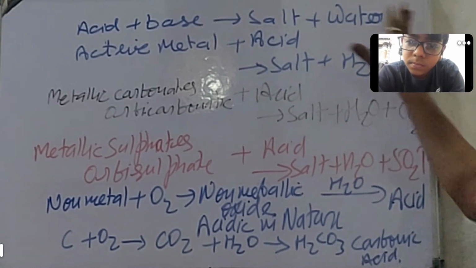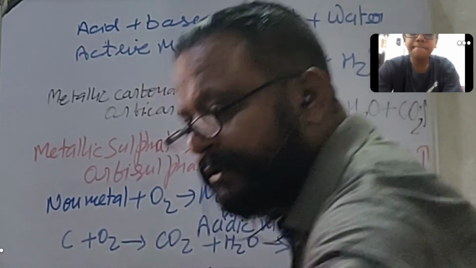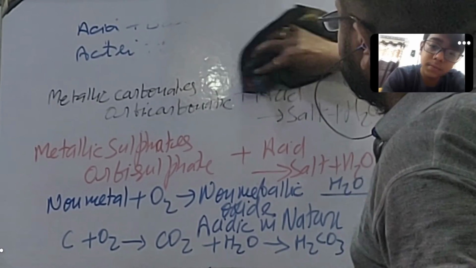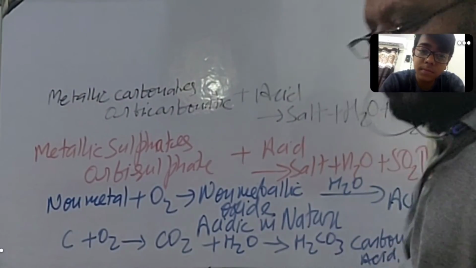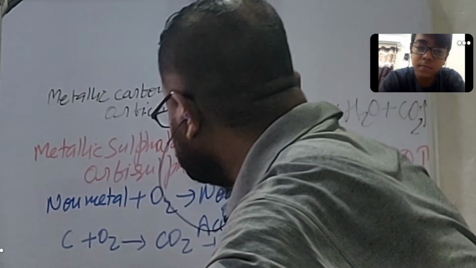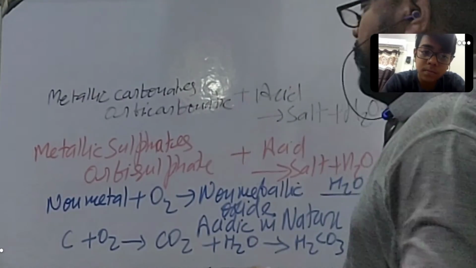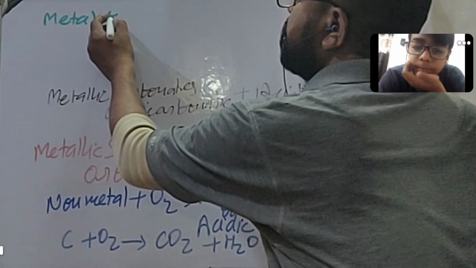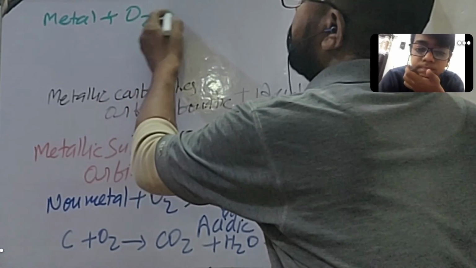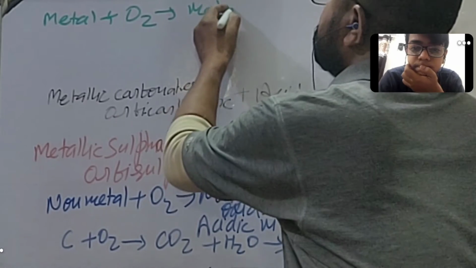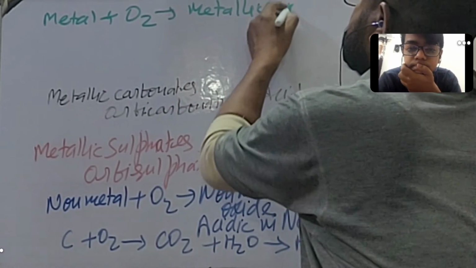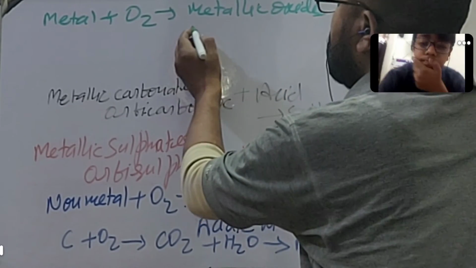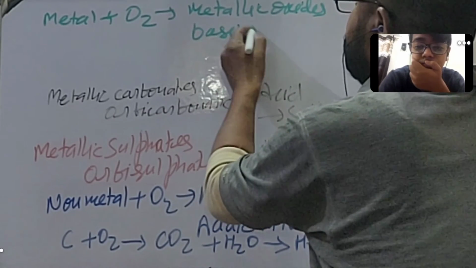Now, metal plus oxygen gives you metallic oxides, and metallic oxides are basic in nature.